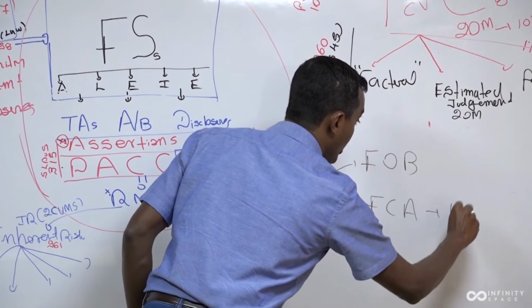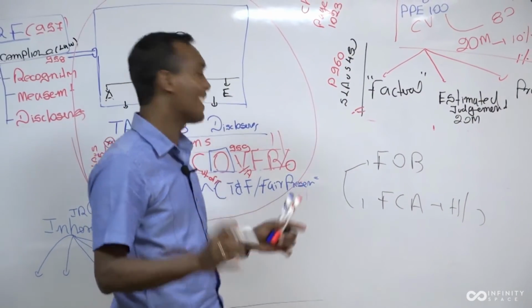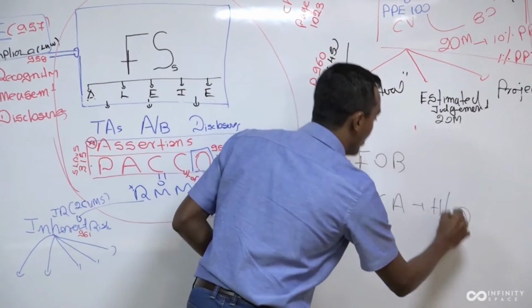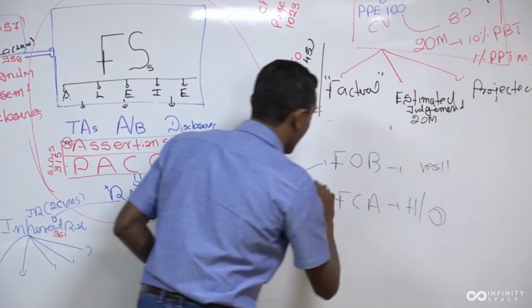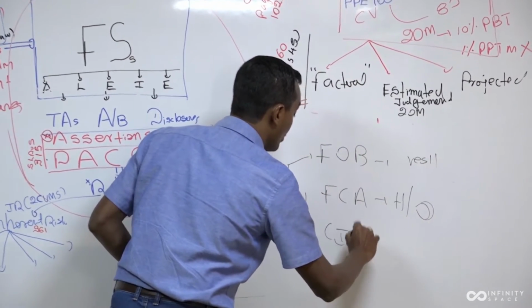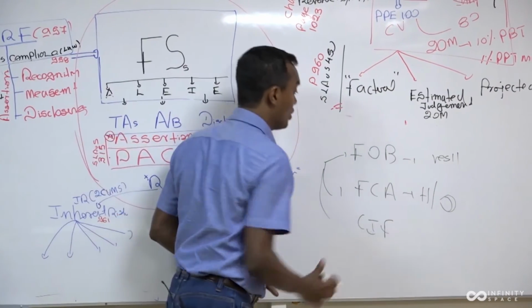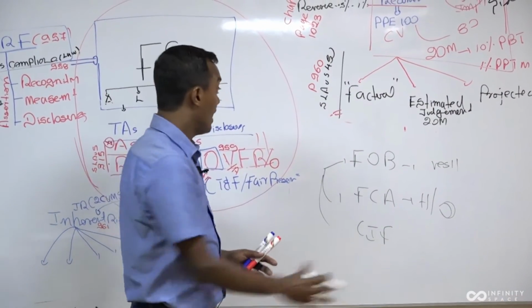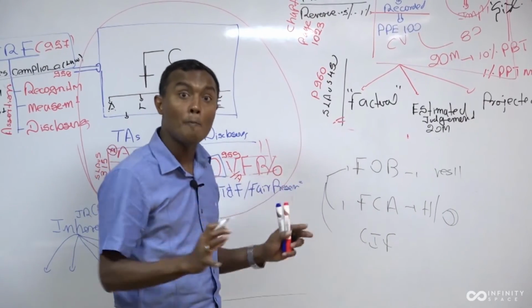FCA means hand over. This is not Fellow Chartered Accountant, right? This FCA is a contract. When you hand over goods, this is goods on the vessel, right? And then there are CIF contracts, where the goods have to reach, all inclusive, right? Now, there are different invoices, and we don't know which one is applicable. Now, this is really complex.